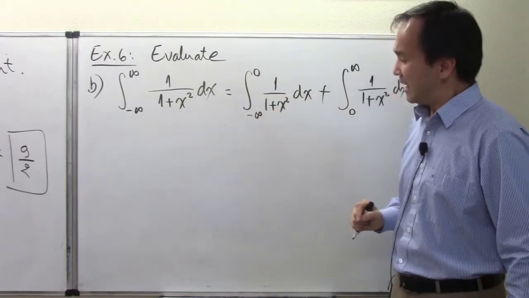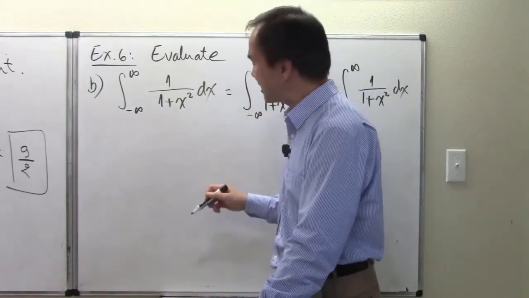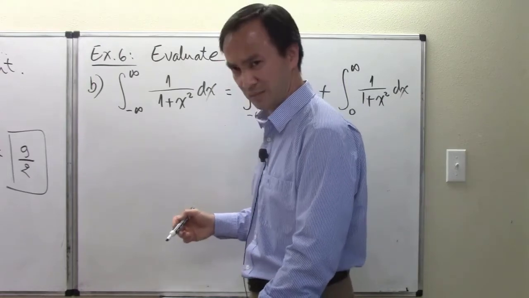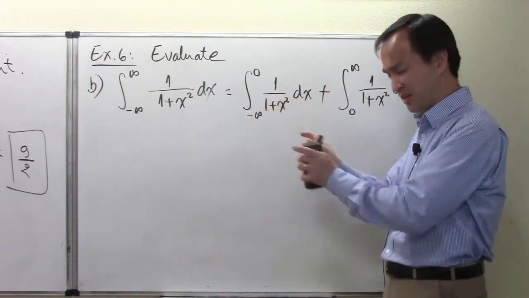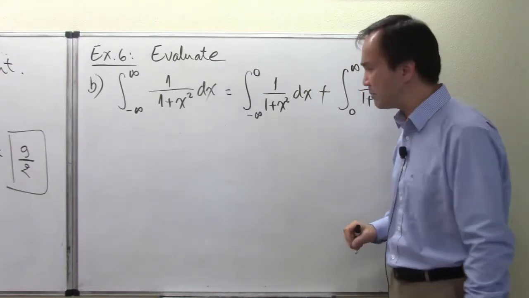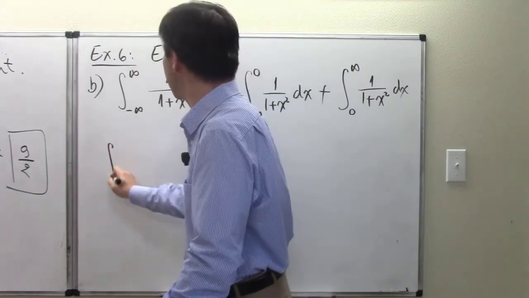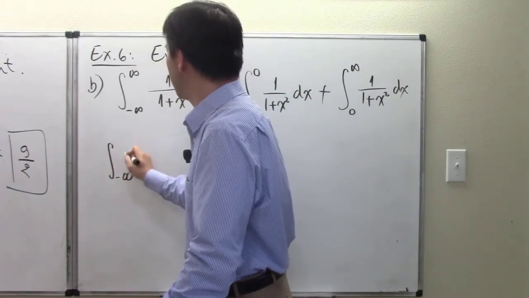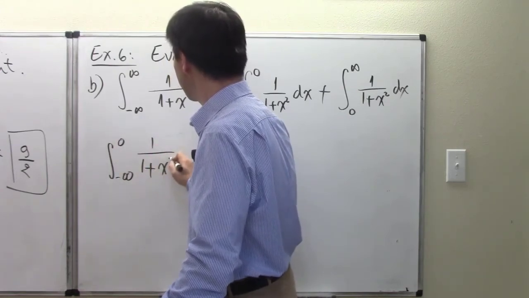But now, when we're setting it up like this, we're still going to have to tear it down into two separate pieces of work, because we don't want to deal with two problems in every single step. It's going to make a lot of work for us to keep track. So I'm going to branch out and work separately on minus infinity to 0 on the function 1 over 1 plus x squared.